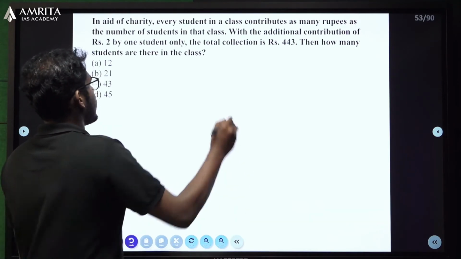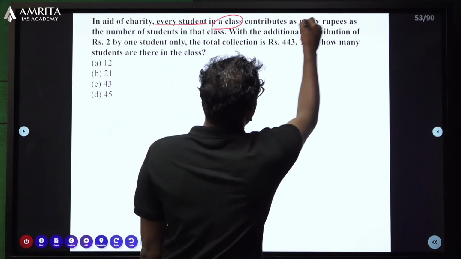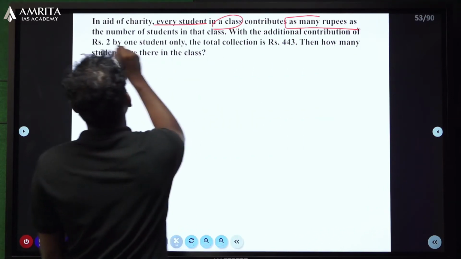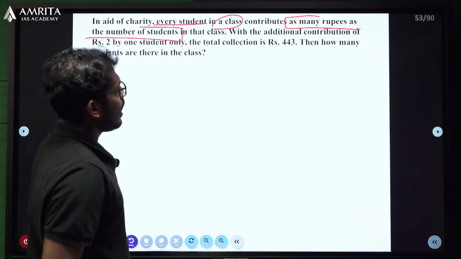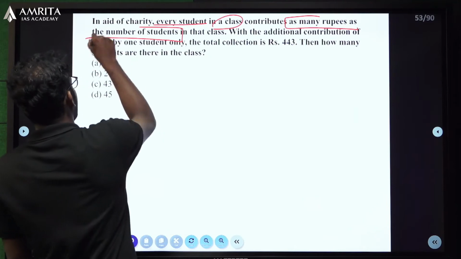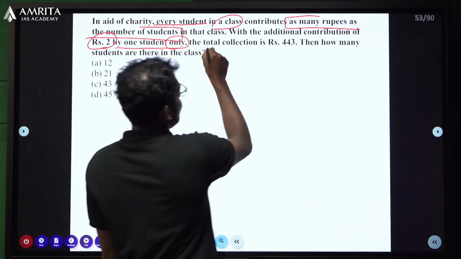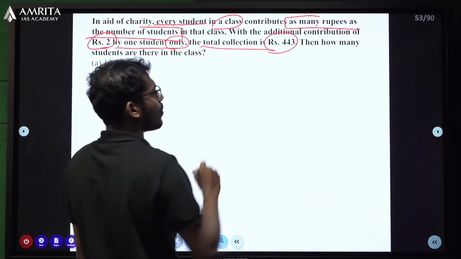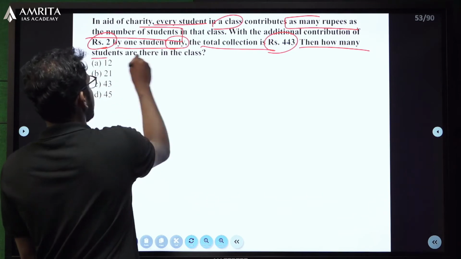In aid of charity, every student in a class contributes as many rupees as the number of students in that class. With the additional contribution of rupees 2 by one student only, the total collection is 443 rupees. Then, how many students are there in the class?